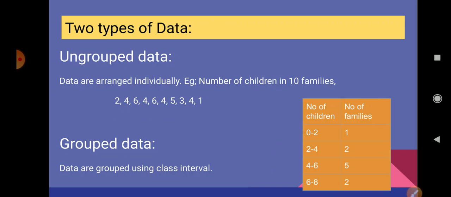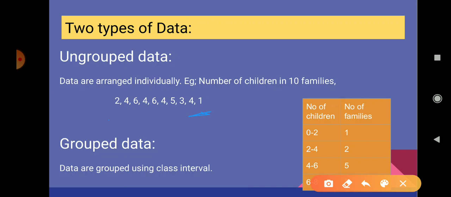Now, for 0 to 2, the number of children from 0 to 2, how many families are there? Only one. Because here 2 is there, but 2 is not considered in the first range 0 to 2.